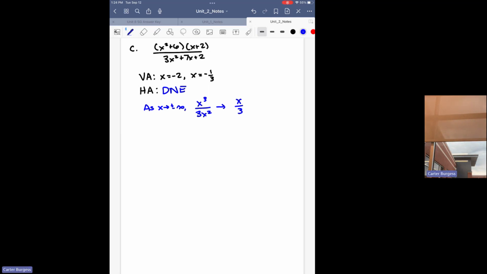Okay. A couple of things that I would like to observe here. First of all, the way that I just described the horizontal asymptote as a value that we are settling down to is not how I described it on Friday. Right? On Friday, I said, well, really, we're not settling down at a particular value.